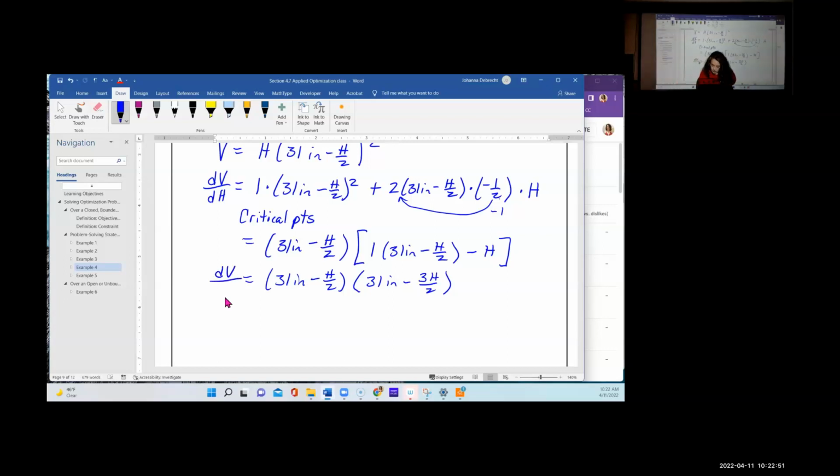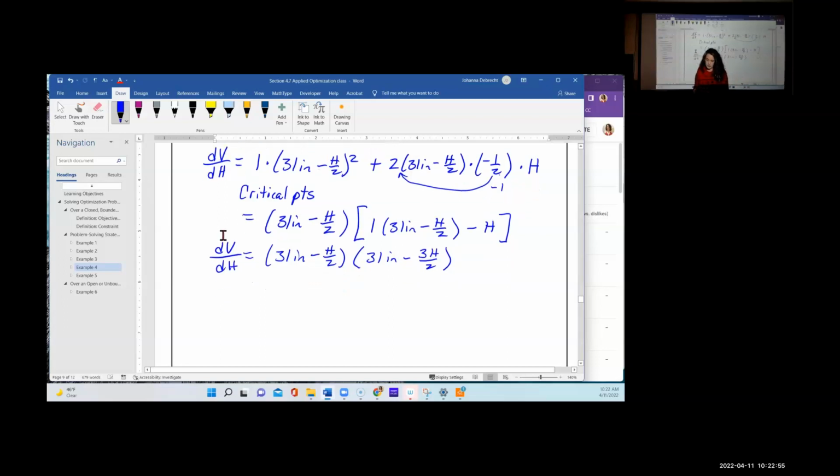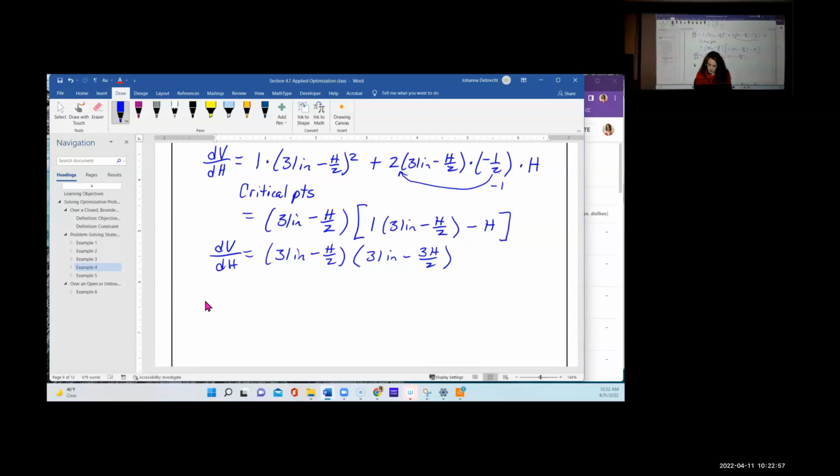Now to find the critical values, there are still none of type 2 because this would be polynomial. So my critical points are going to come from the zeros of the first derivative, from type 1s. So dV/dH equal to 0.